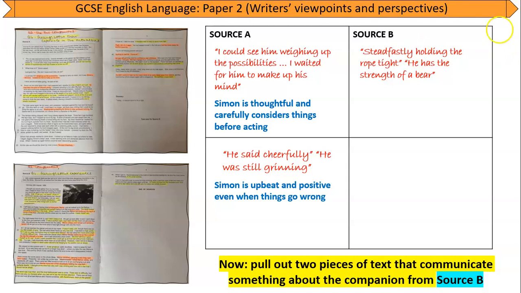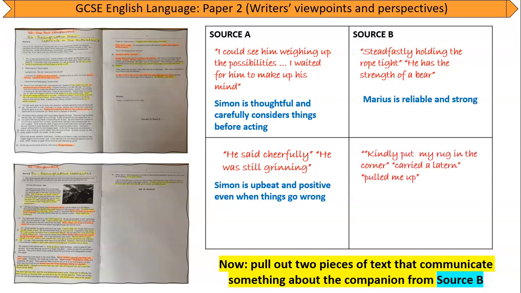So this is where I need to read and I need to interpret, what do those two quotes tell me about Marius? Steadfastly means not moving. He's not moving. He's holding the rope tight. And he's got the strength of a bear. So I'm thinking Marius is reliable and strong. He's steadfast. That rope is not moving on his watch. And he's strong, really strong and reliable.